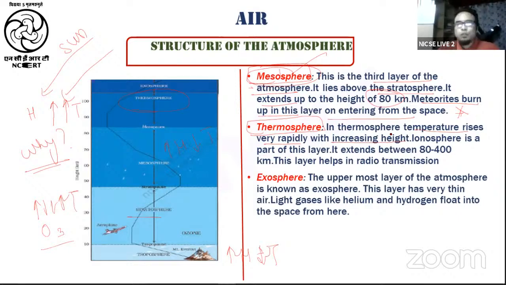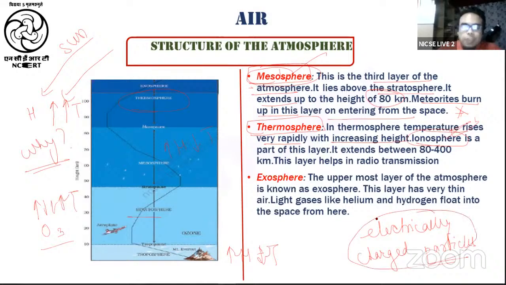And in this thermosphere, we have a very important layer which is called the ionosphere. This is a layer which is made up of electrically charged particles, right? And it is the presence of these electrically charged particles that makes radio communication possible.